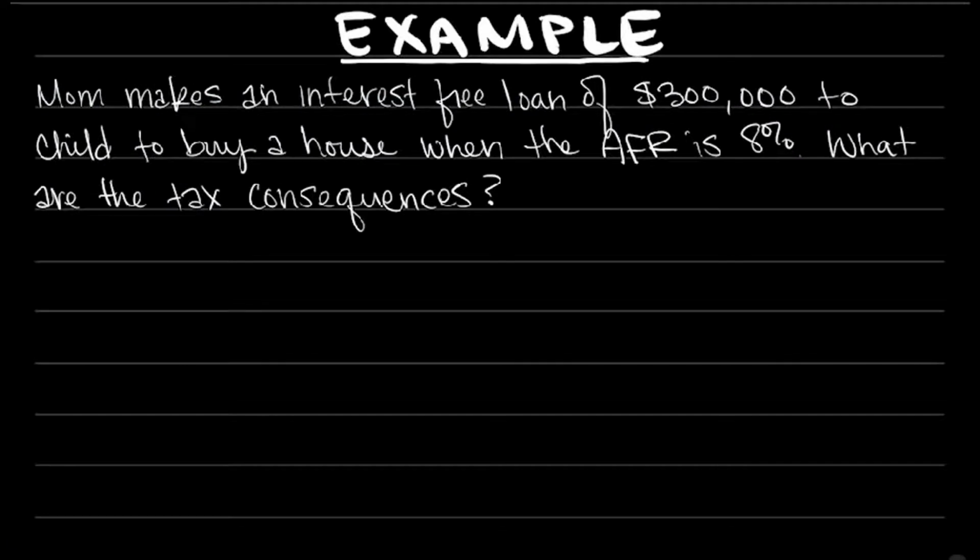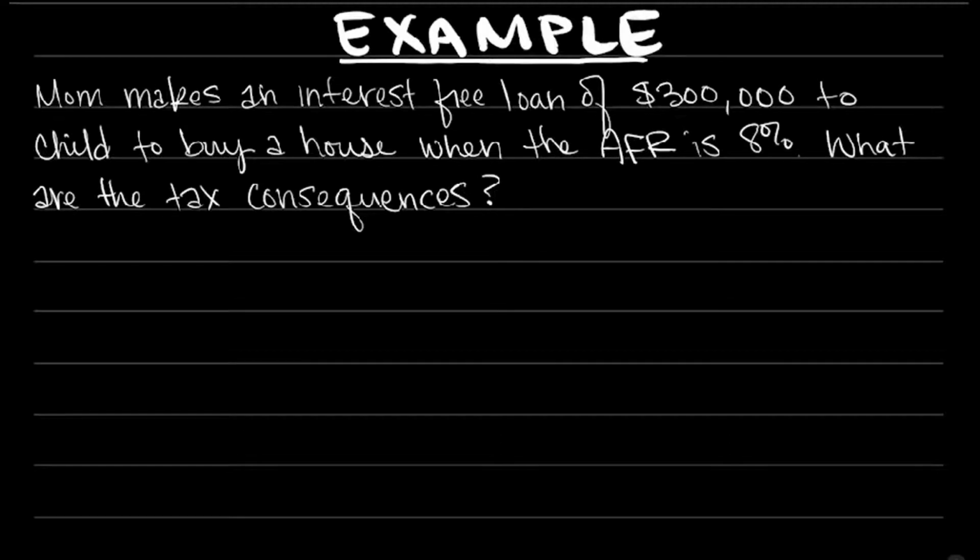Let's go over one more example where mom makes an interest-free loan of $300,000 to child to buy a house when the applicable federal rate is 8%. What are the tax consequences? Well, we go through the exceptions. Was a gift loan of $100,000 or less made between individuals? No, we've got $300,000. So is this a loan between individuals of $100,000 or less?